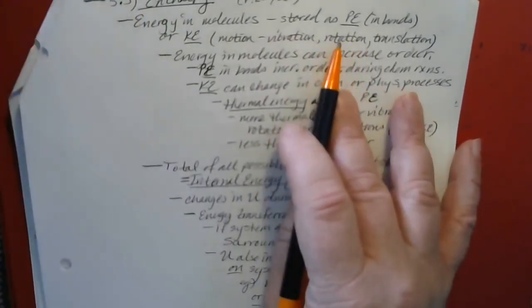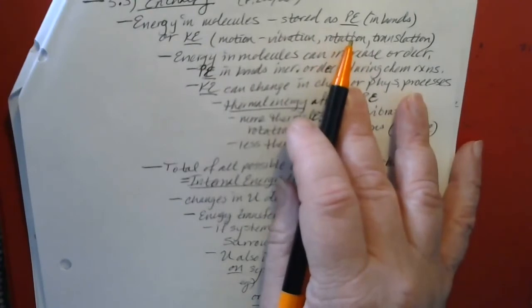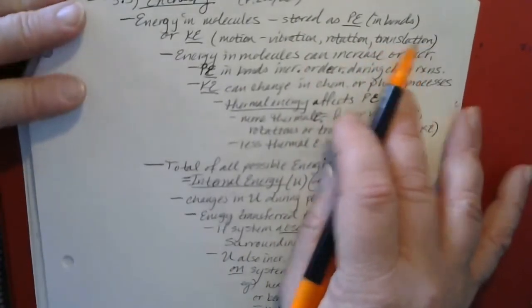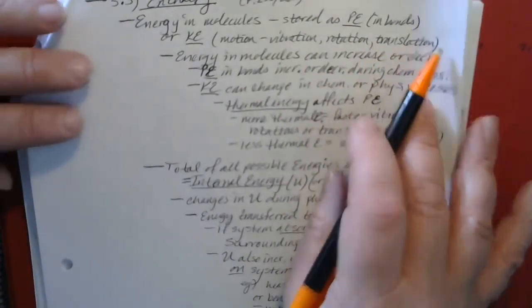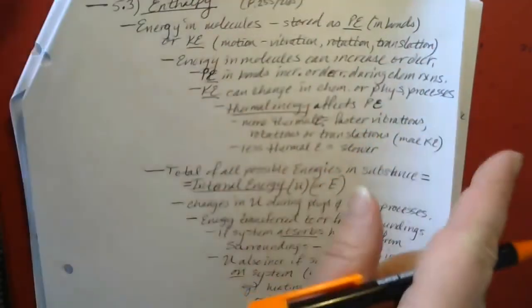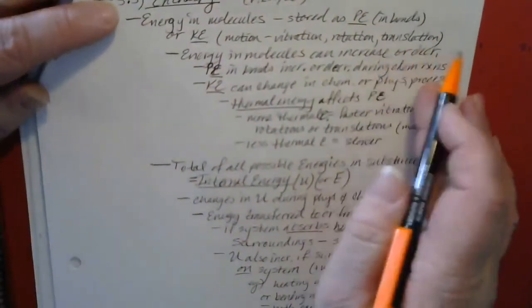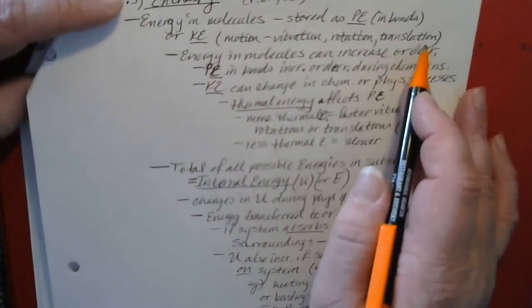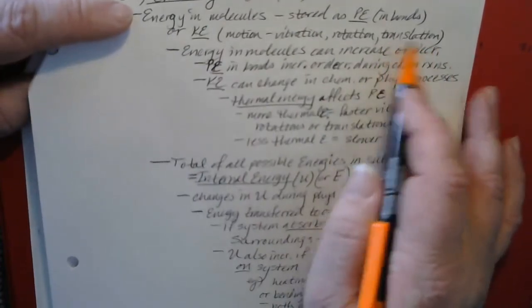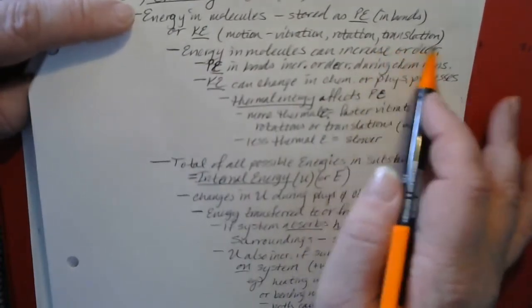Solids don't have so much rotation, but molecules in liquids and gases can have rotation. And also there's translational kinetic energy. That's the energy involved in molecules going from one place to another, around and past one another. Gases have a lot of translational energy, but molecules in liquids can have some translational energy also, but not so much in solids.